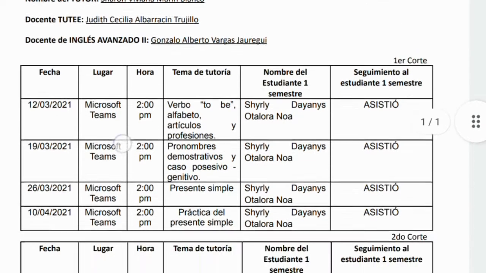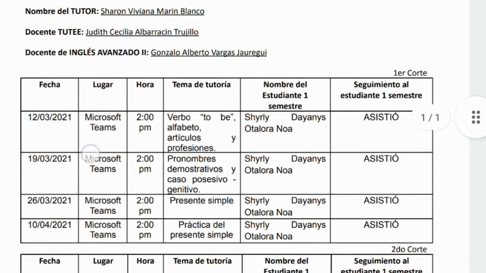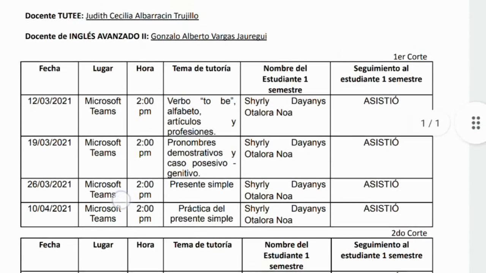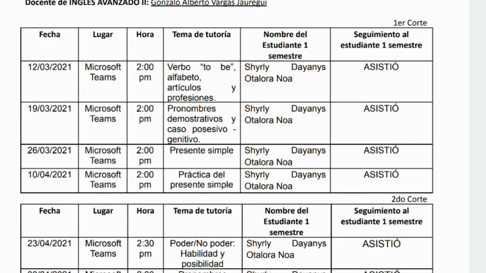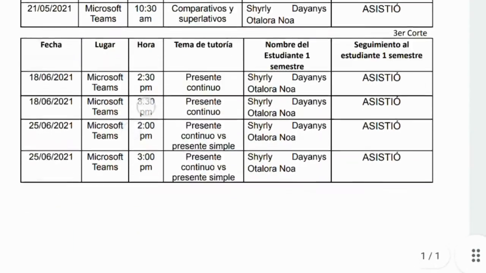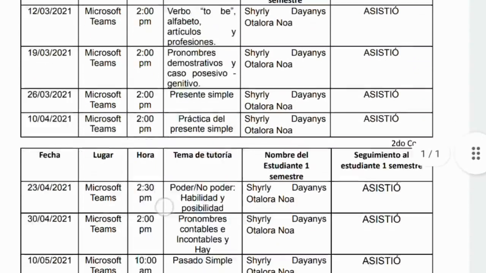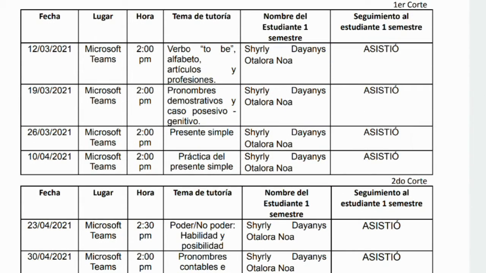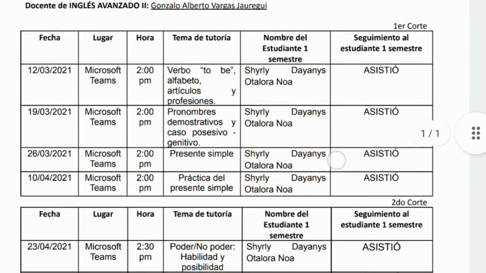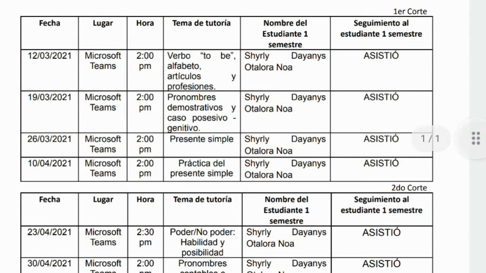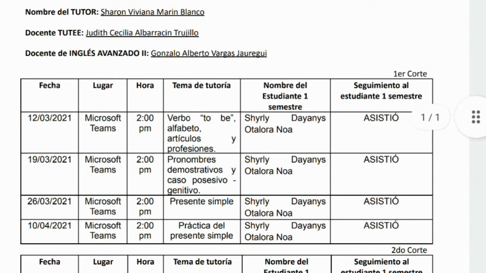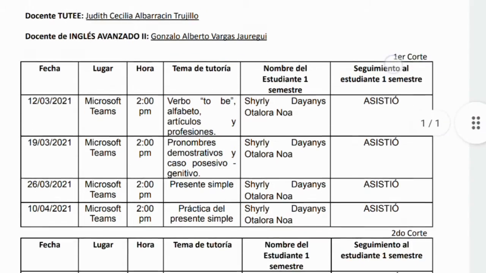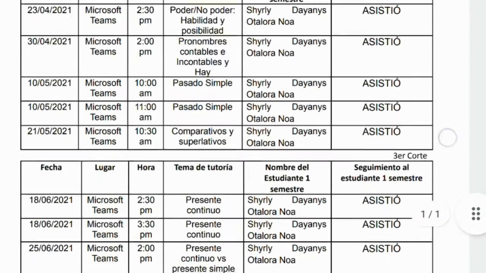Also, in this part, there is the date on which the tutoring was done, the platform used to carry out the meeting, which in my case, I always used Microsoft Teams, the hour, the topic of the tutoring, the name of the first semester student, and the register of whether she attended the meeting or not. As you can see, the signatures are divided by terms, first, second, and third.